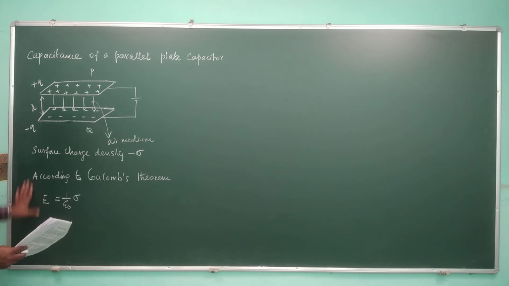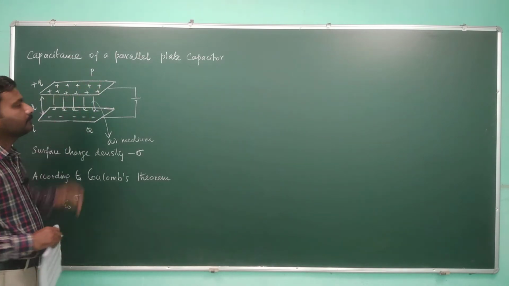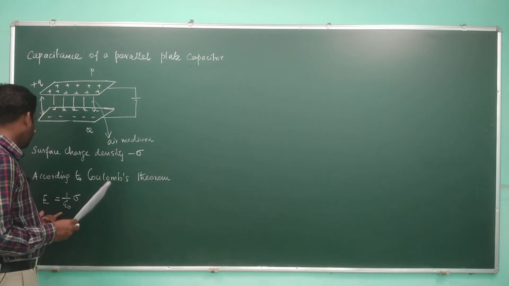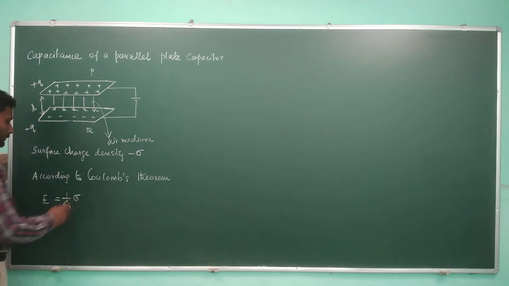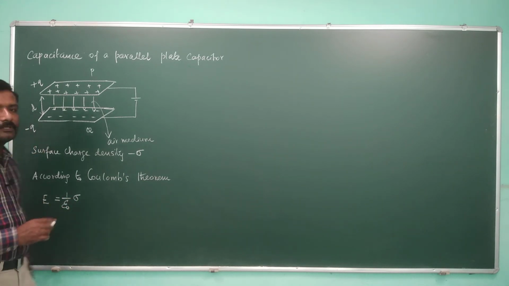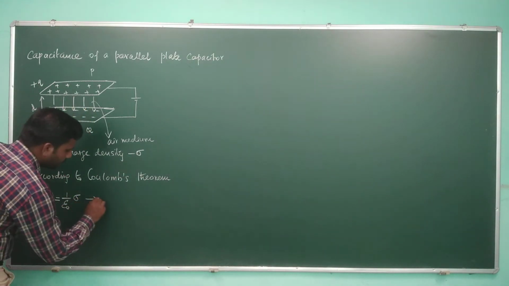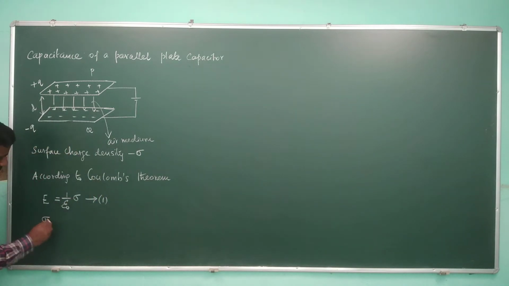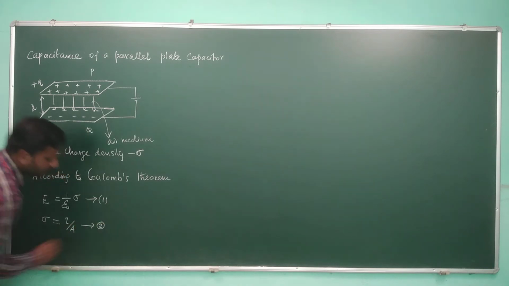That is the electric field near a conducting material. Sigma is the surface charge density, epsilon naught is the permittivity of free space. This is equation 1. As per the definition of surface charge density, sigma is charge by area, sigma equals Q by A. This is equation number 2.